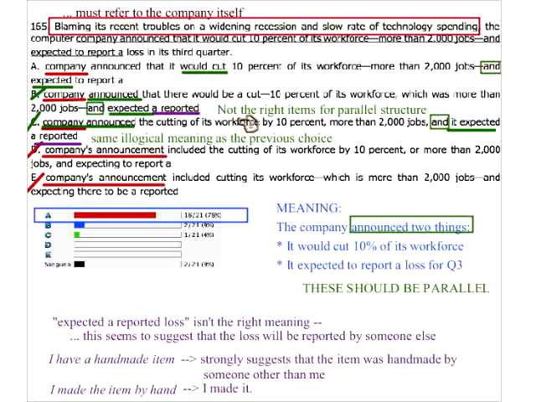Like, "there would be a cut," "a reported loss," "the cutting of its workforce." All of these things totally fail to convey the idea that the company is actually doing all of these things, which should be clear from context. Okay, questions other than those? If not, we will move on to another one.